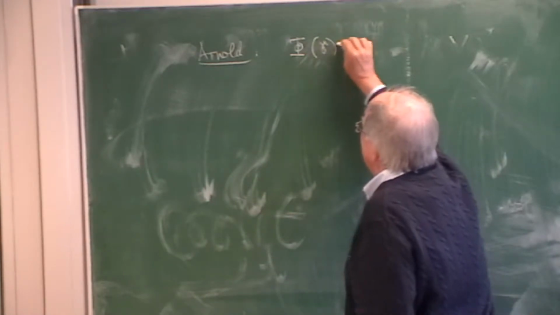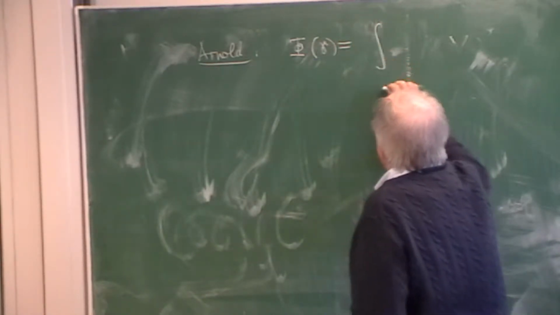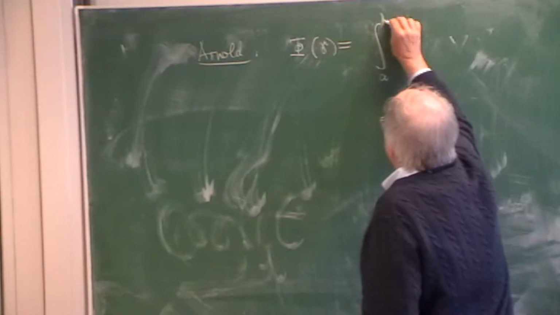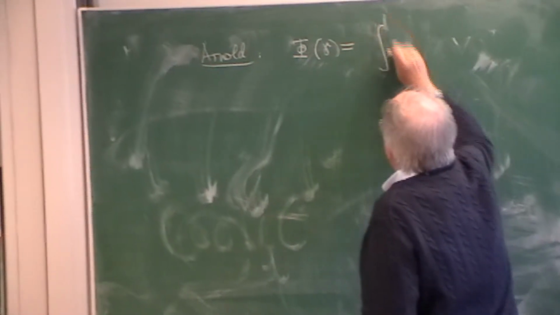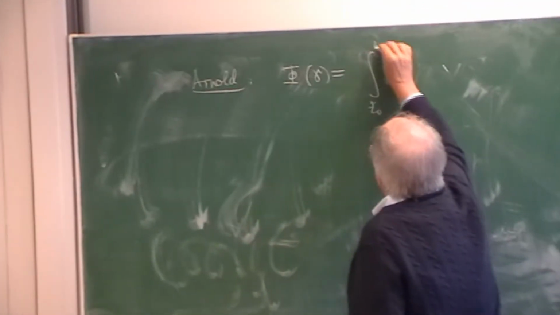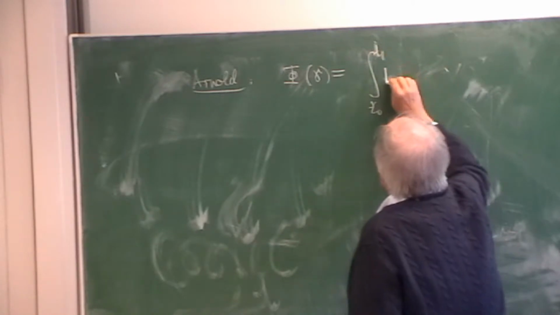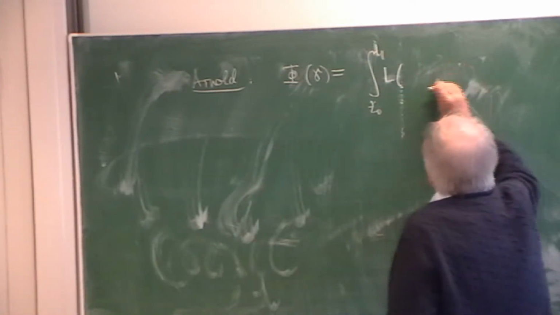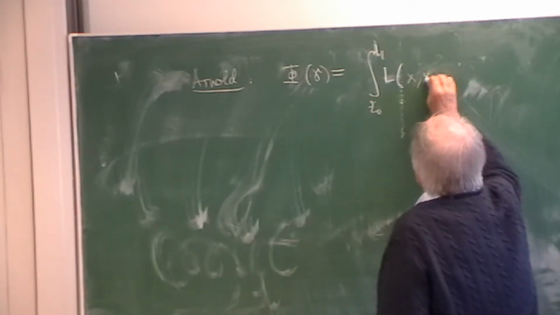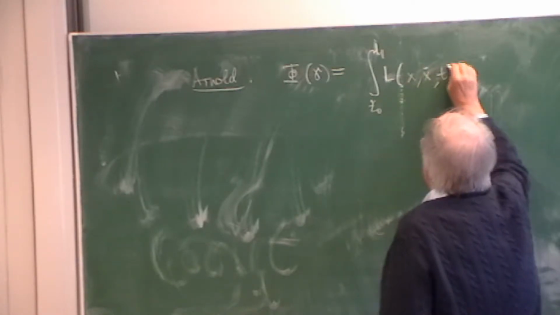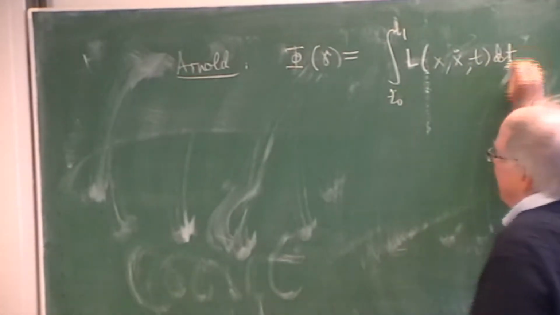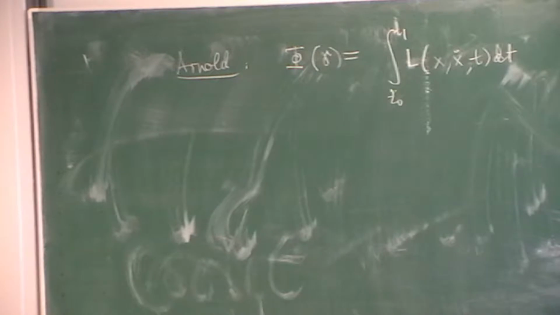Phi of gamma equals the integral from T0 to T1 of the Lagrangian of x, x dot, t dt. Is everybody okay with that?